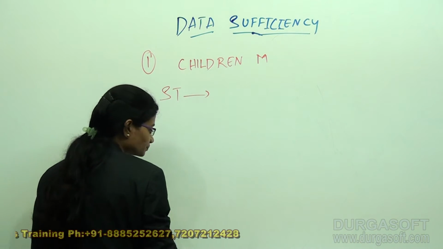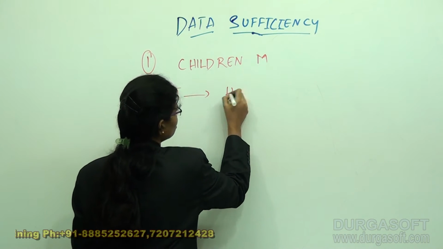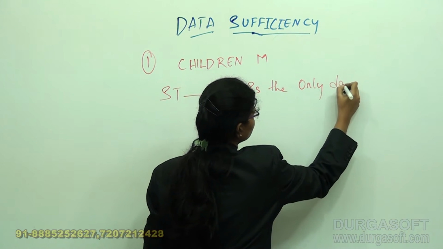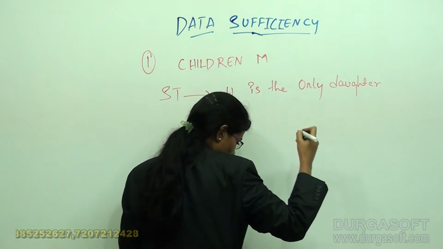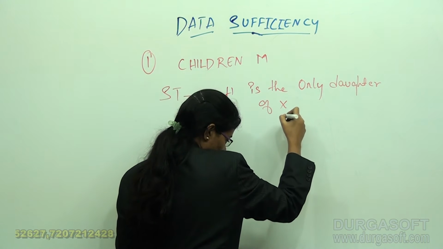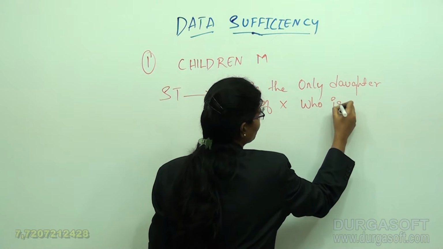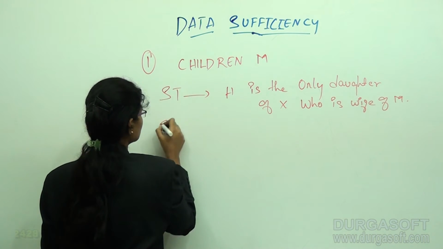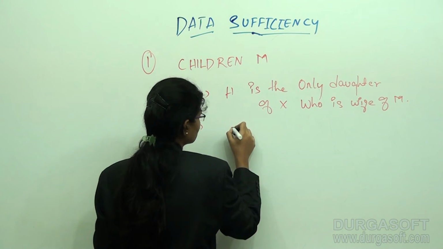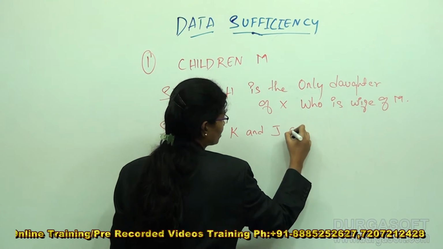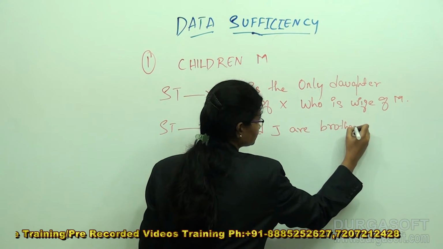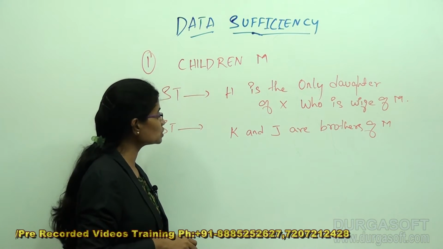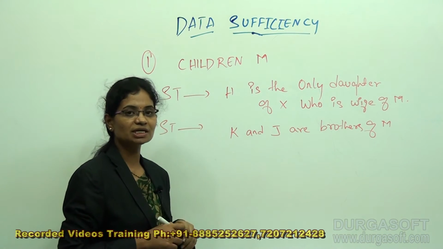Statement 1: H is the only daughter of X, who is wife of M. Statement 2: K and J are brothers of M. So this is the two statements I got, and the question is how many children does M have.